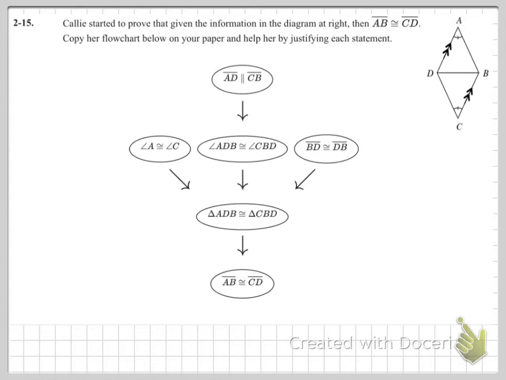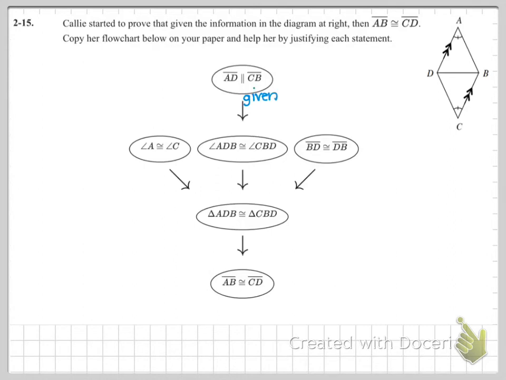Okay, taking a look at this picture, I see that the arrows have been put on AD and CB. So I'm thinking that the fact that they are parallel has been given to me. So I think this first bubble is going to have a reason of given.